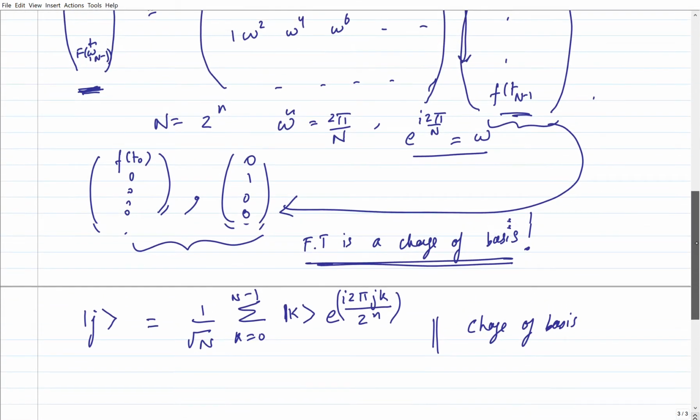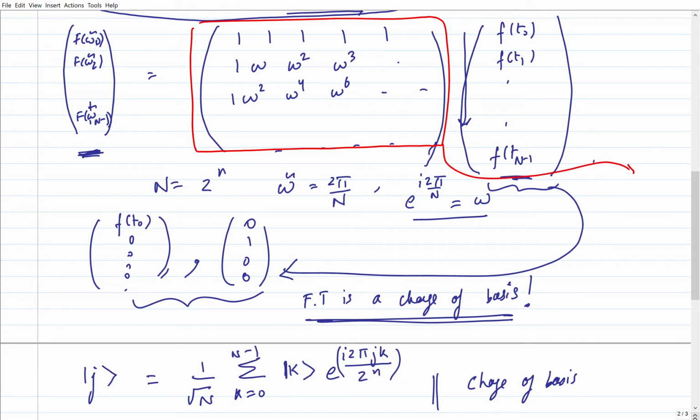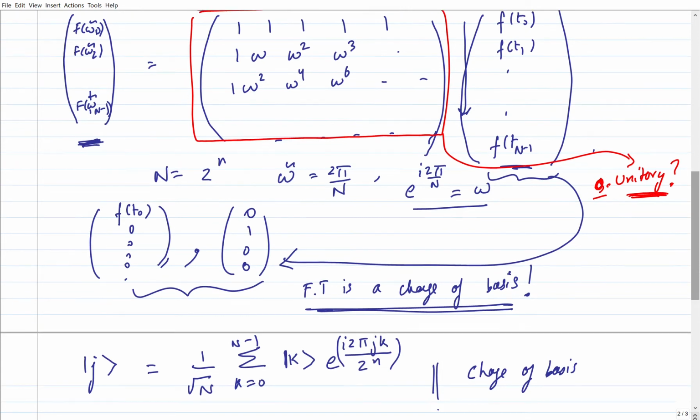Now, it's very essential, maybe as a homework problem, you can play around with this matrix. Can you convince me that this matrix is unitary? Then it will indeed be a change of basis.